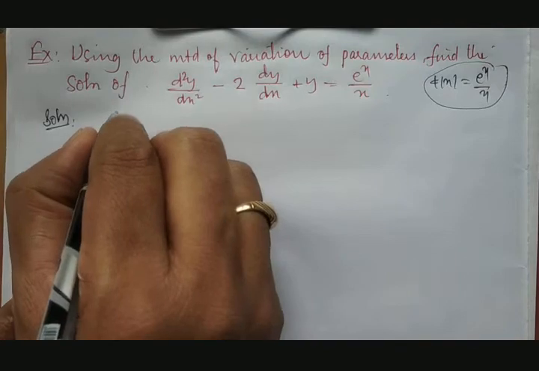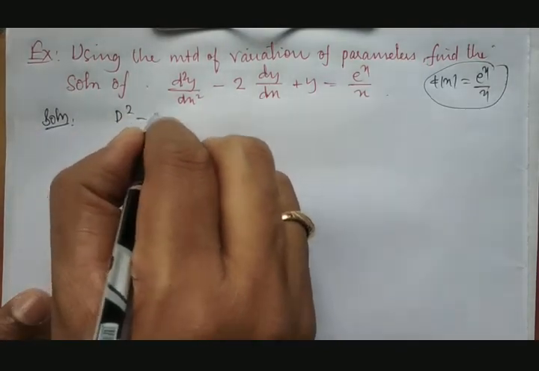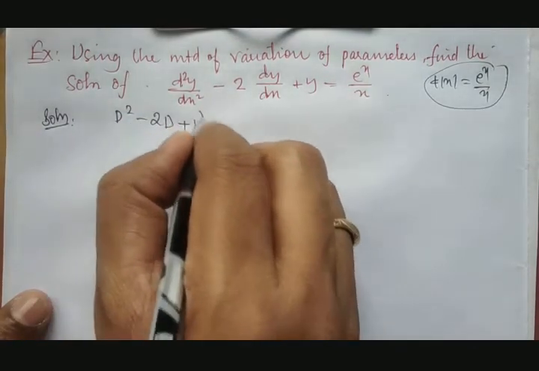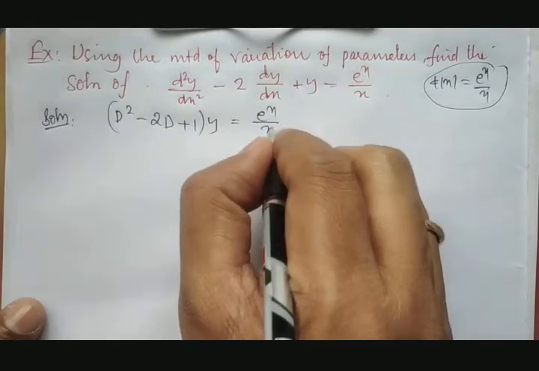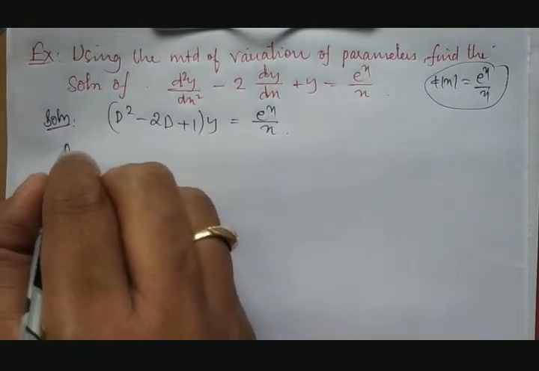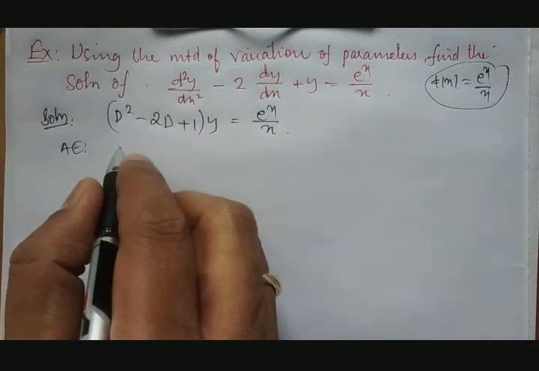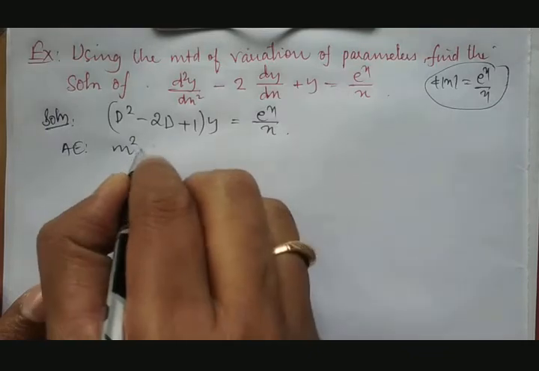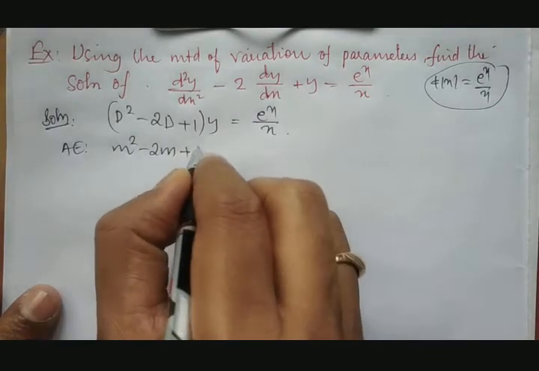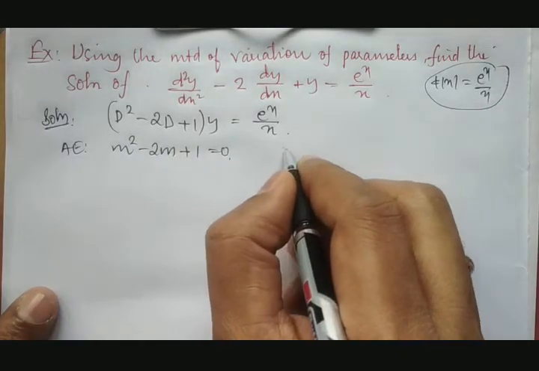This can be represented as (D square minus 2D plus 1) of y is equal to e raised to x by x. Then let us go through the auxiliary equation to get the complementary function. The auxiliary equation is m square minus 2m plus 1 equal to 0.